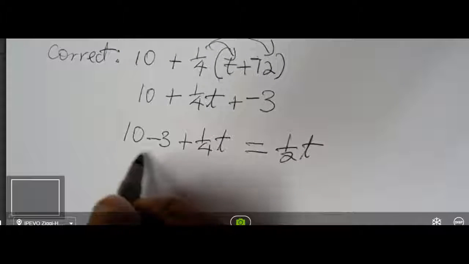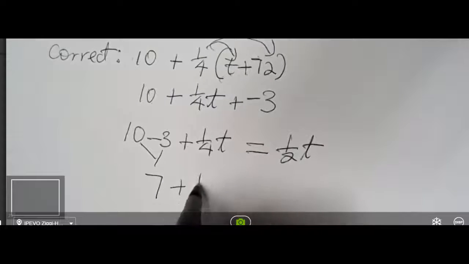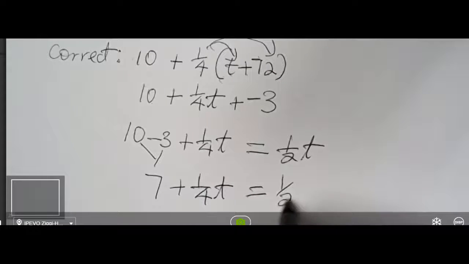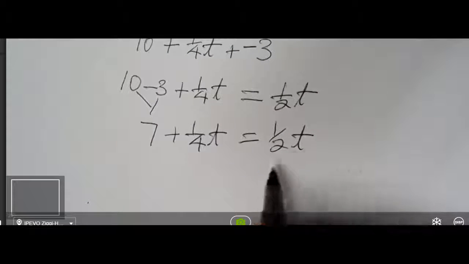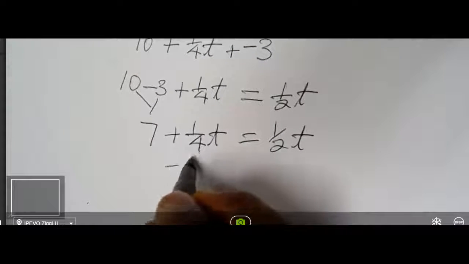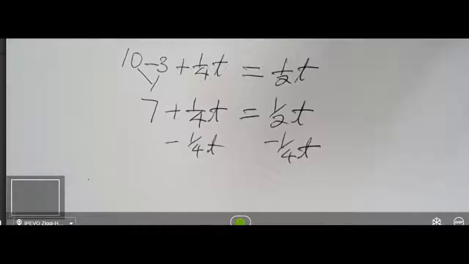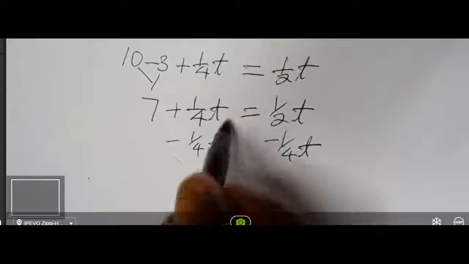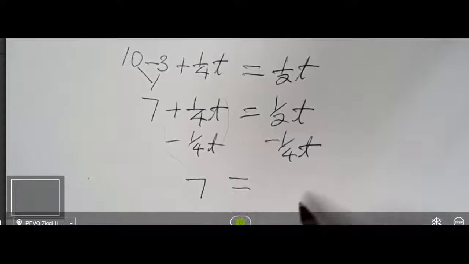So now 10 minus 3 is 7 plus 1/4 T equals 1/2 T. So we can collect like terms by subtracting 1/4 T from both sides. Okay, so this is 0. So we have 7 on the left side equal.